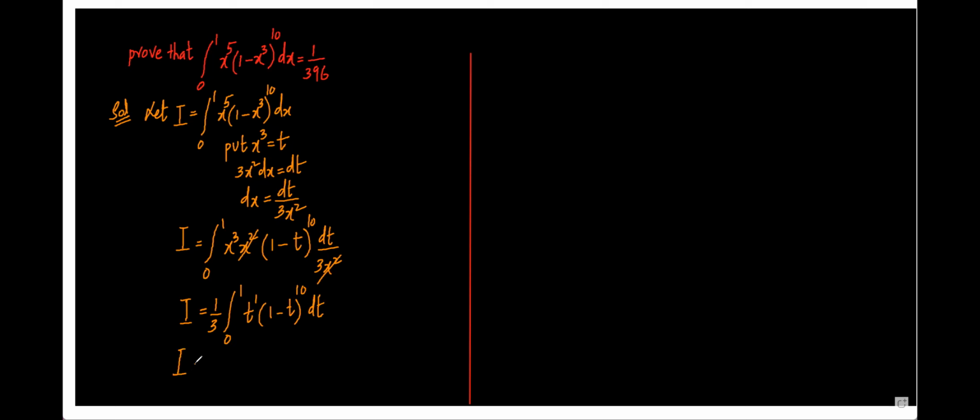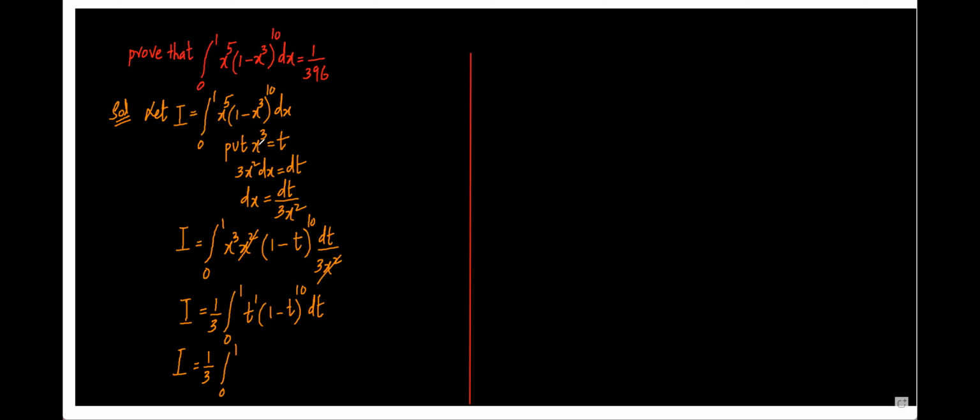This I is equal to 1 by 3 into integral 0 to 1. You may have a question, sir: we are not changing the limits. If you check, for the lower limit, x power 3, 0 power 3 is 0, so the lower limit has no change.